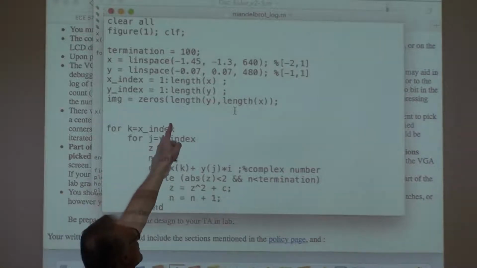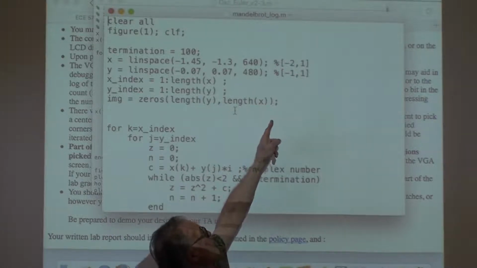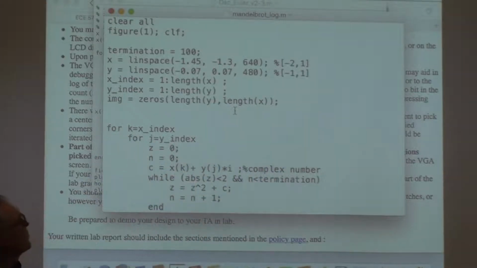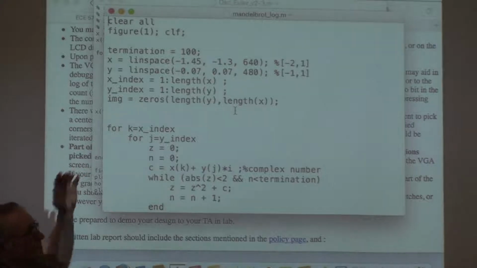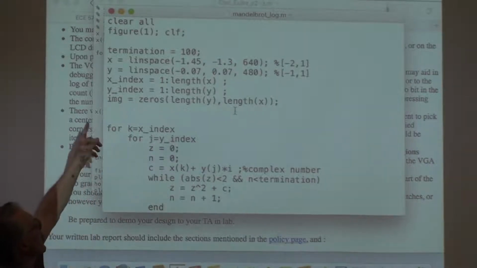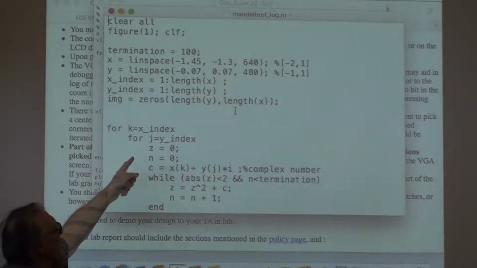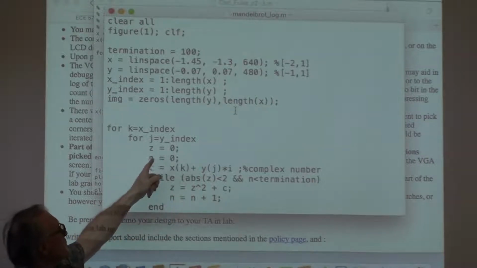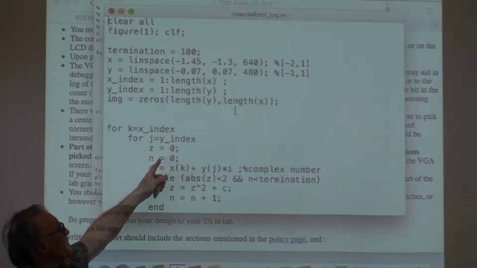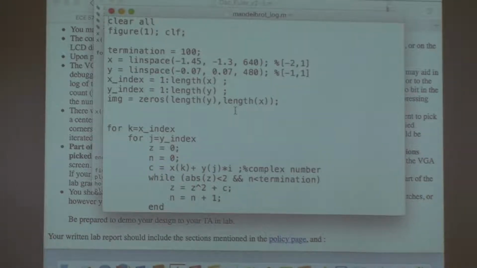I zoomed in on a small region. That -2, 1, -1, 1 would be the whole set. This is already zoomed to a tiny little region. And I set the termination to 100 because I was testing. We need to generate some integer indices because that's what MATLAB likes. So the x-index and the y-index variables are the integerized versions of the space we're going over. And then we just blast through the iteration, starting with z equals 0 and n equals 0.